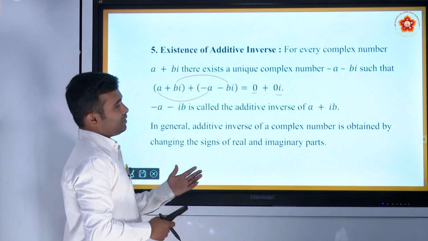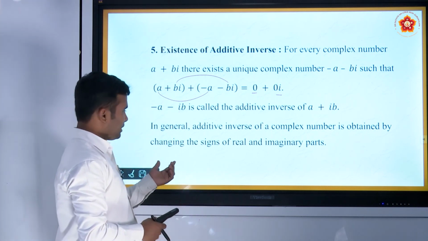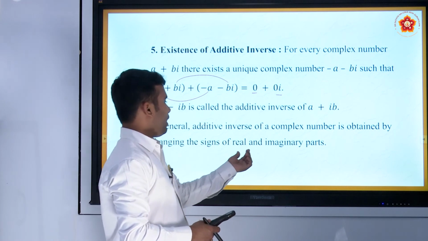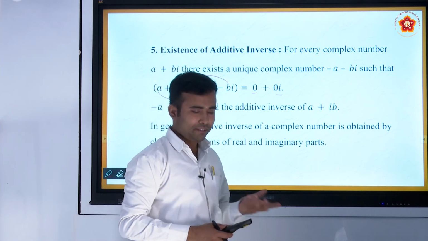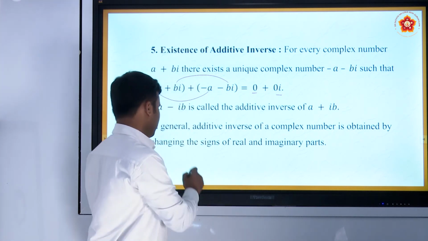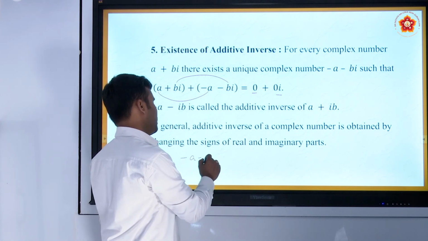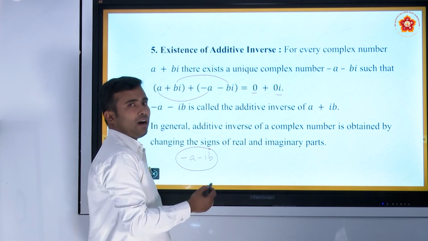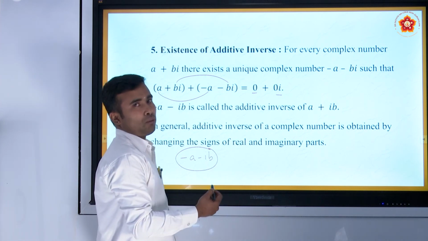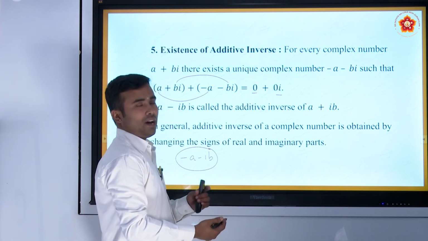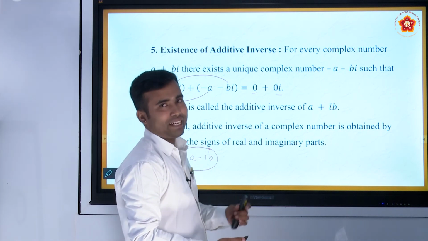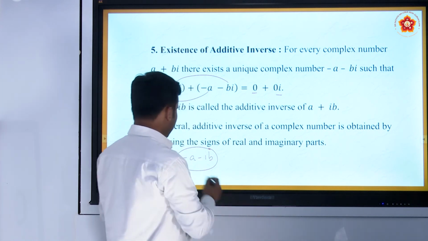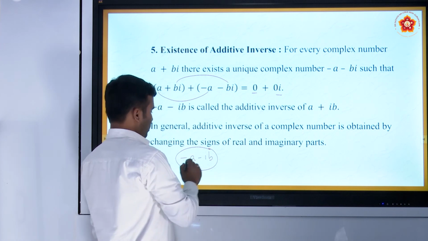In general, the additive inverse of a complex number is obtained by changing the sign of the real and imaginary parts. Say for example, minus a minus ib. So this is a complex number. What is the additive inverse of this complex number? You just change the sign of the real part as well as the imaginary part. See here, what is the real part? Minus a.